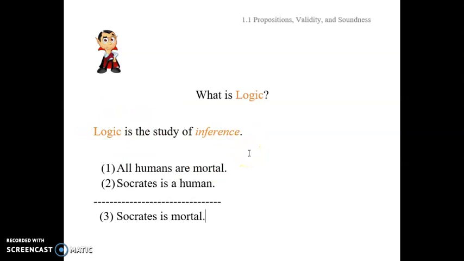So are there systematic rules that we can articulate which codify with mathematical precision inference, when one proposition, such as this one, follows from one or more other propositions, and when a proposition does not follow from one or more other propositions? So logic is the study of inference.